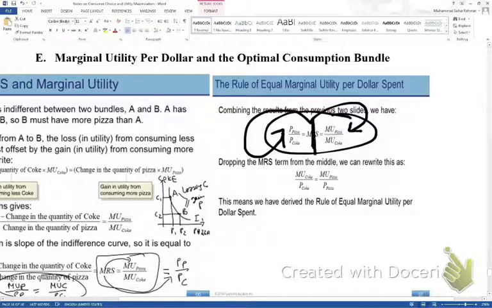You eliminate the marginal rate of substitution from the middle, you reorganize this equation, and you get our familiar marginal utility per dollar condition. So our optimal consumption bundle based on the indifference curve and budget constraint is also consistent with our marginal utility per dollar from the first segment of this lecture today.